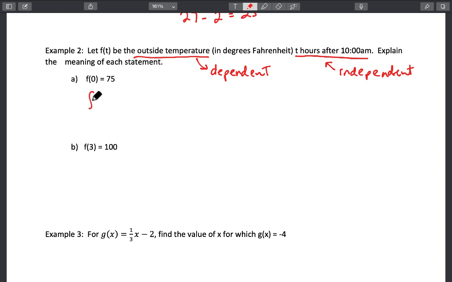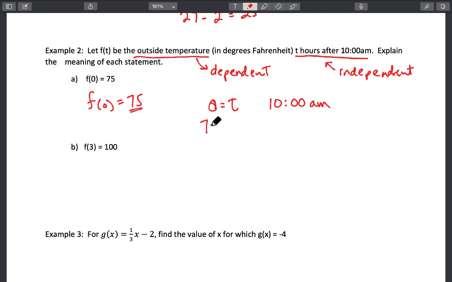So here it says f of 0 equals 75. All right, well, my input or my independent is 0. And 0 represents t, and t represents the hours after 10 a.m. So if it's 0 hours after 10 a.m., then the time must be 10 a.m. And here it's equal to, sorry, it's equal to 75.